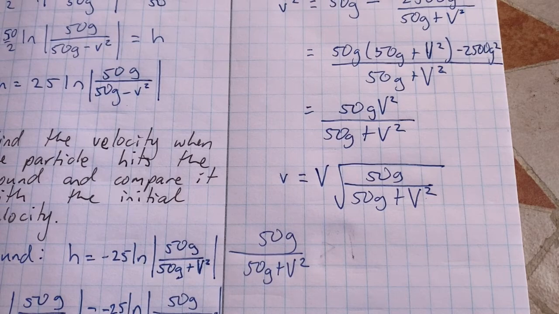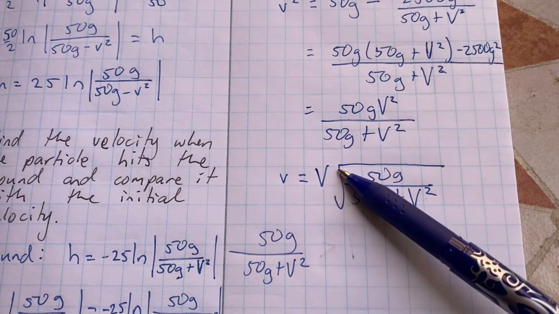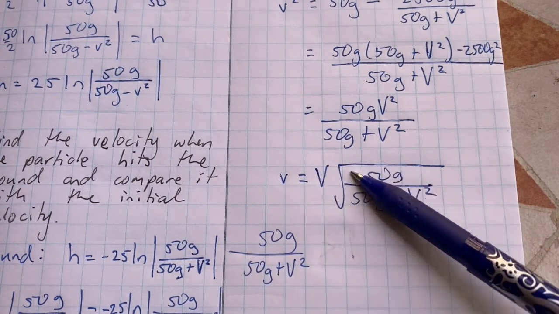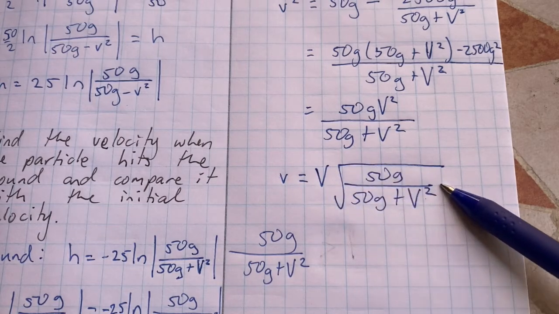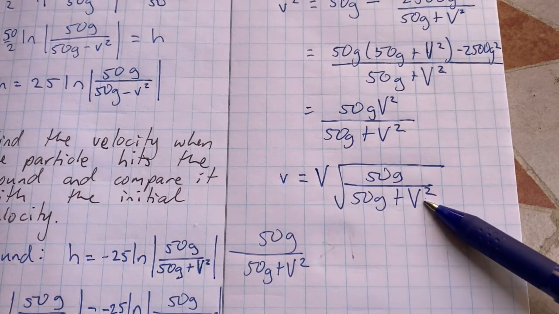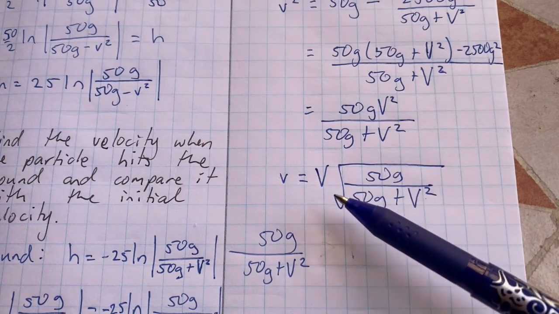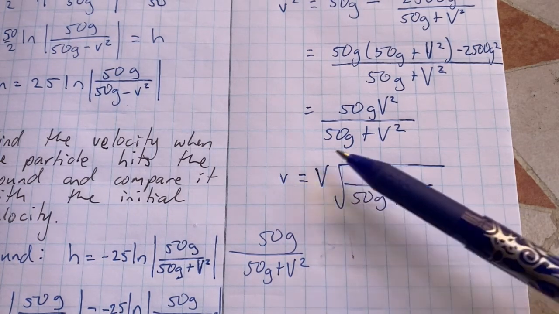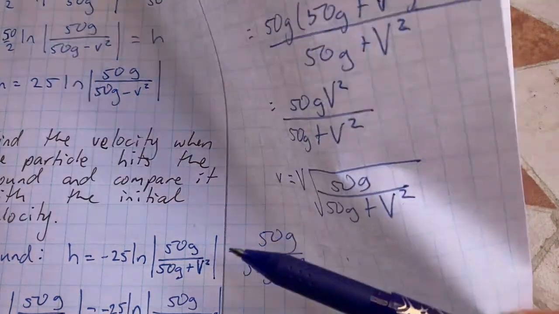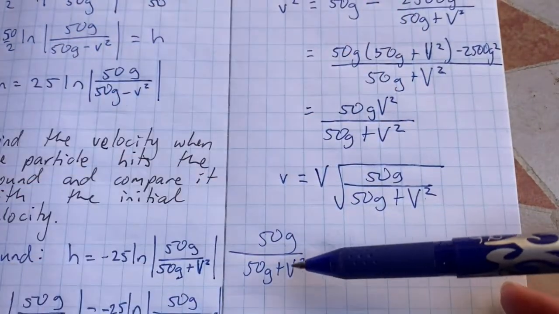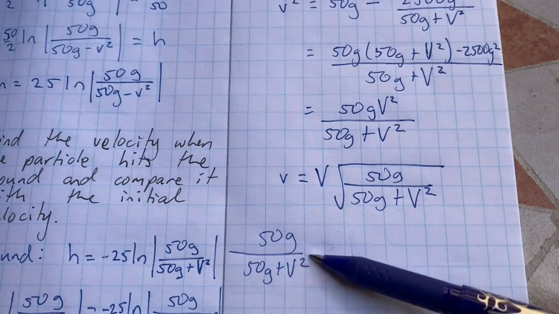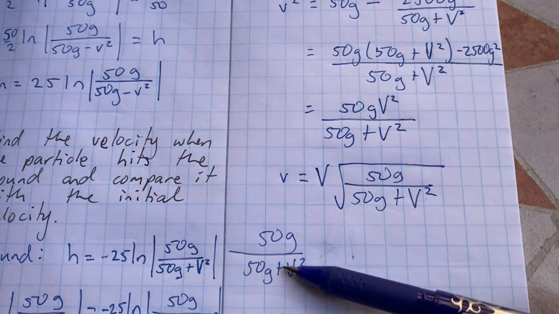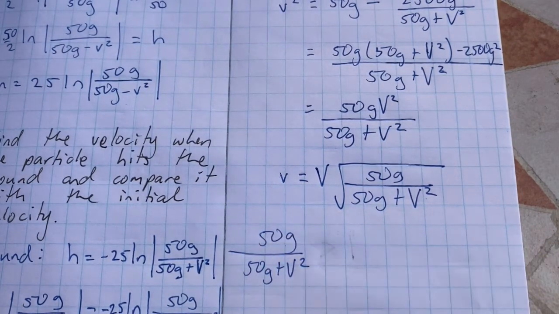So in comparing this to our original one, we've got our original velocity multiplied by something. So we do need to know, is this thing something bigger than 1 or something less than 1? Is our final velocity bigger than or smaller than our original velocity? So this thing that's under the square root, this V squared is obviously a positive, so this denominator is bigger than its numerator.